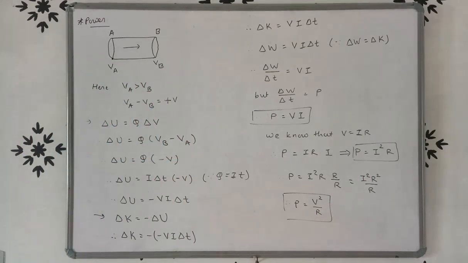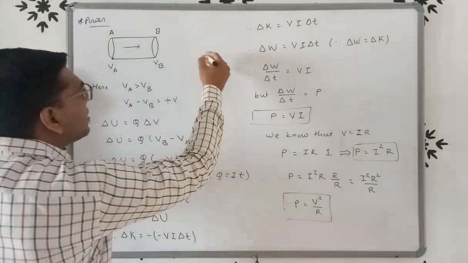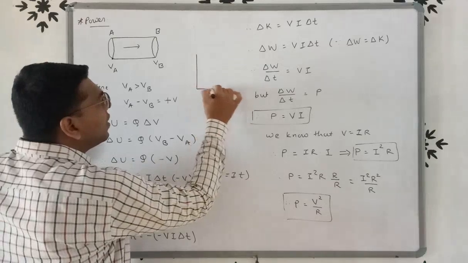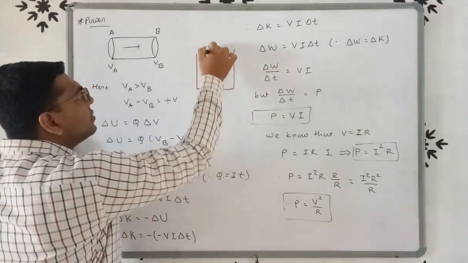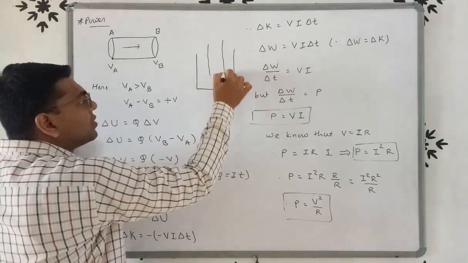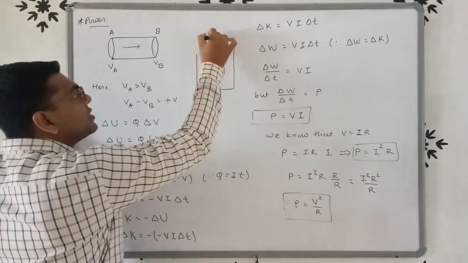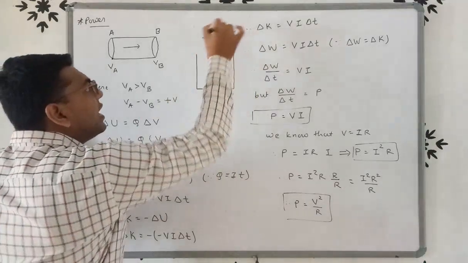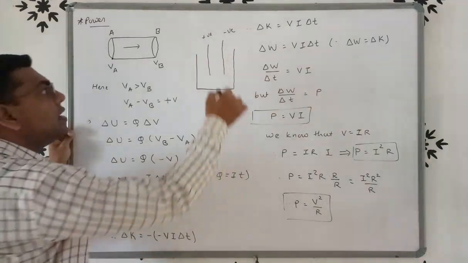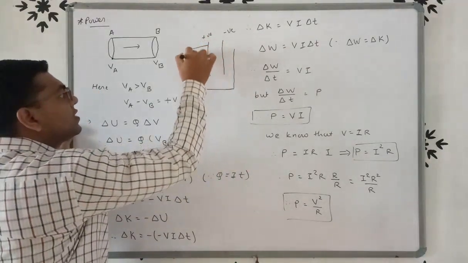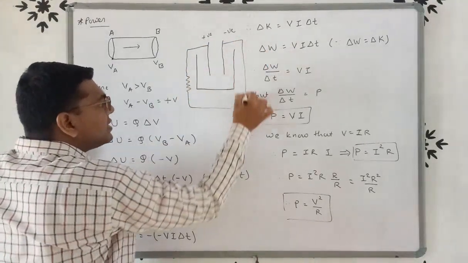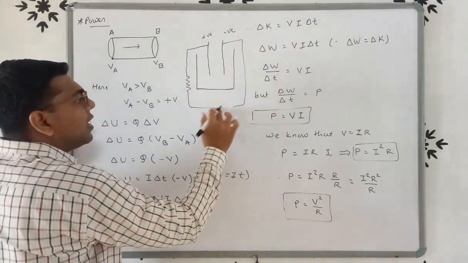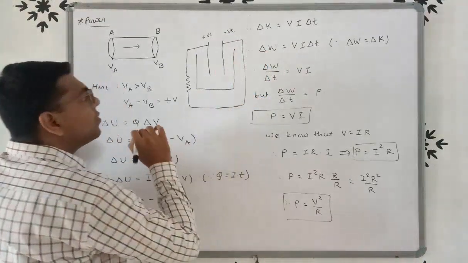Now if we take one electrolyte and put two electrodes into it, this is the positive electrode and this is the negative electrode. Now if we join these positive and negative electrodes with a resistance, what happens?